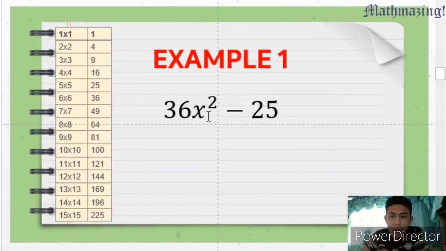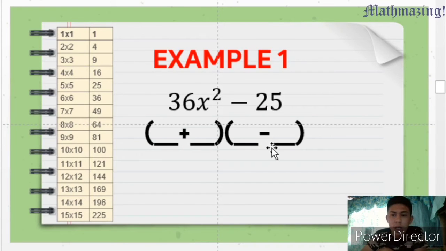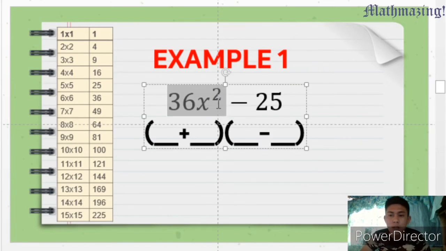It's a perfect square. So we have here x raised to 2 or x squared. So it's an even, therefore it's a perfect square. So ang gagawin natin, we have to create a parenthesis wherein sa loob ng parenthesis naglalagay tayo ng plus at saka minus sign. Or depende sa inyo kung minus yung mauna or plus yung pangalawa. Walang problema, yun siya.